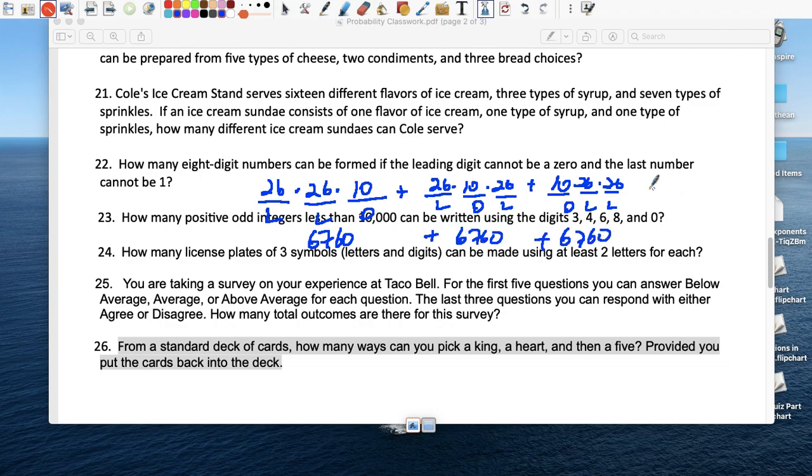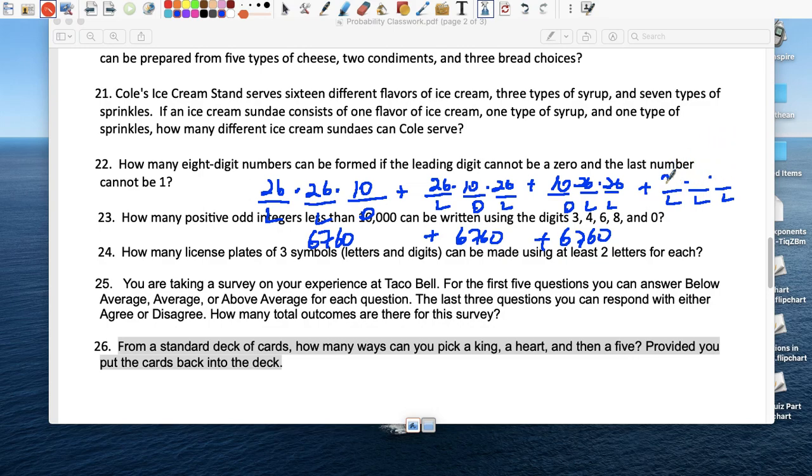And I knew I forgot, there's one more scenario that can happen. It doesn't say, so you have to think a little bit. I wish the question was more specific, but the other option is you can have a letter, a letter, and a letter, because it says at least two, right? So why would they say that if this scenario couldn't happen?